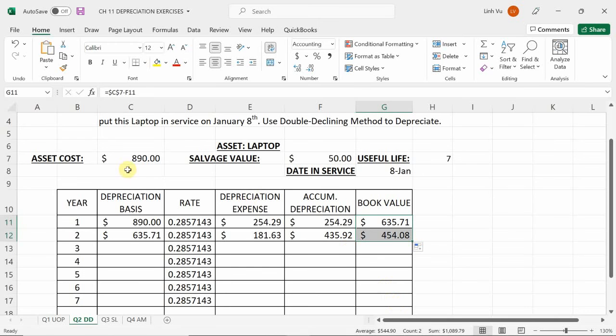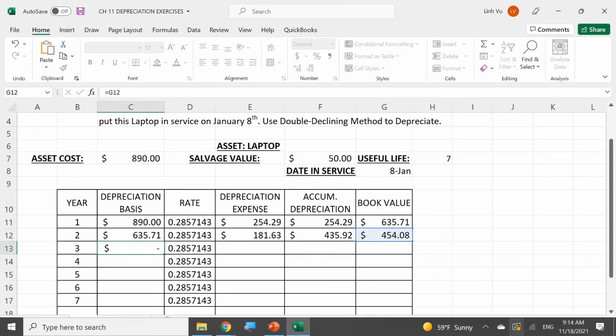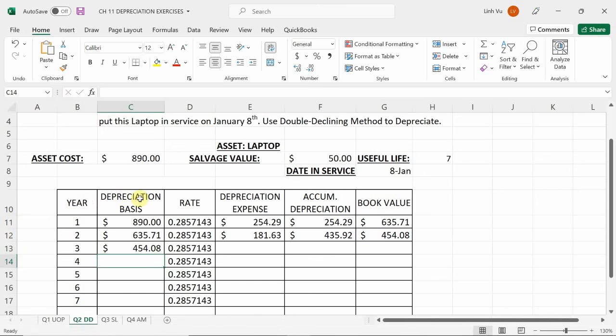454.08. So then what is my depreciation basis for year 3? 454.08. Correct. We carry it over to the next year. So then how do I solve what my depreciation expense is going to be for year 3? 129.74, which brings my accumulated depreciation to 565.66.